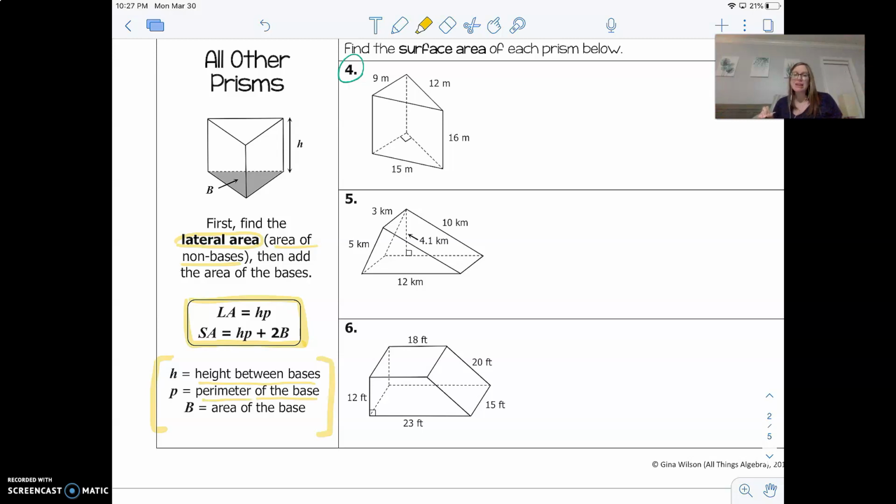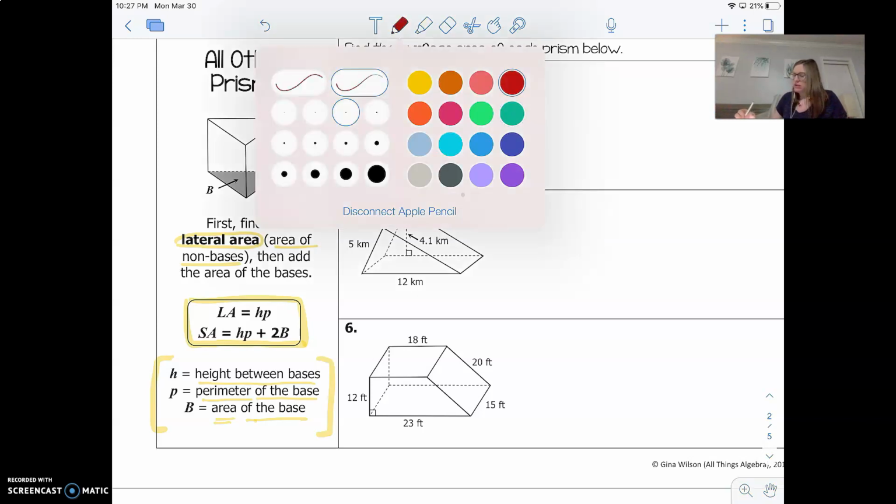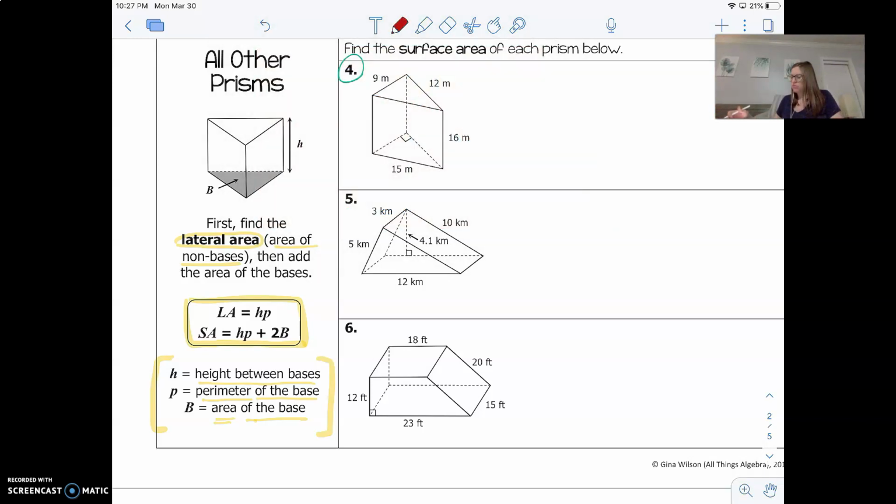And then this one's really important. Capital B is the area of the base. Okay, so let's do number 4 together, and then if you're still confused, you can come and ask me questions, all right? This should make sense once we do this together, all right?